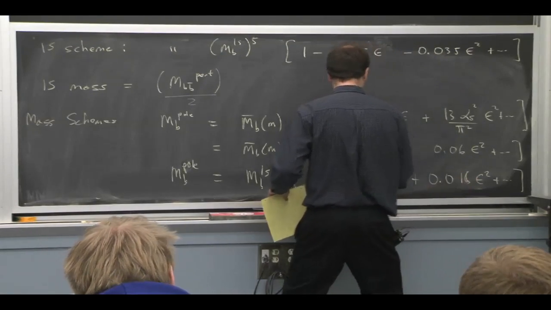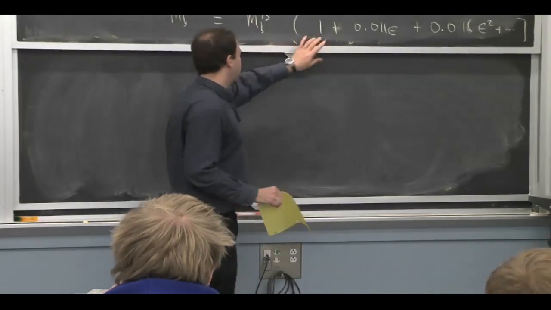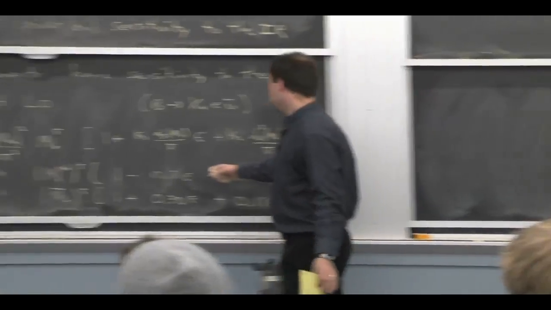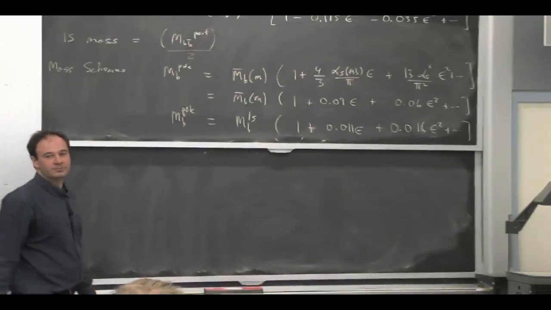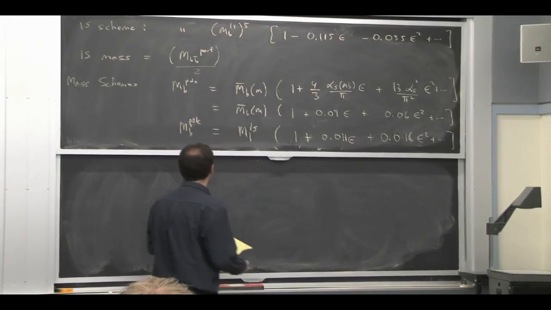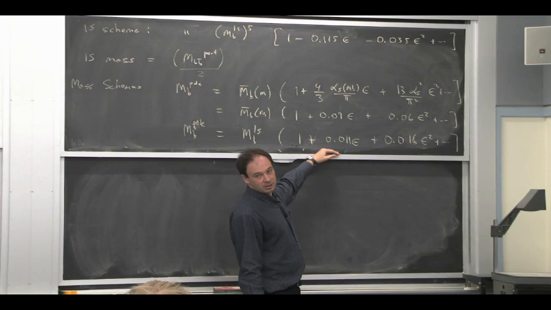But this number here is bigger than that number. But when I stick this series and combine it together with this series for the pole mass, then I get that series at the top of the board. And the problem is not in the MB1S. The problem is in the MB pole.